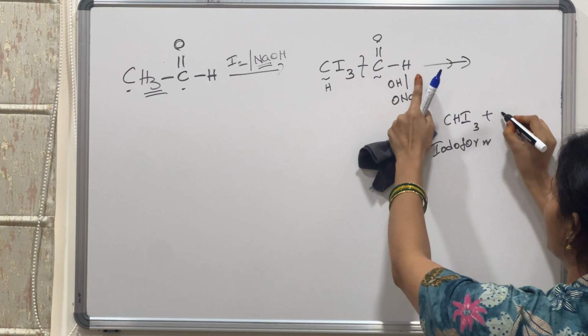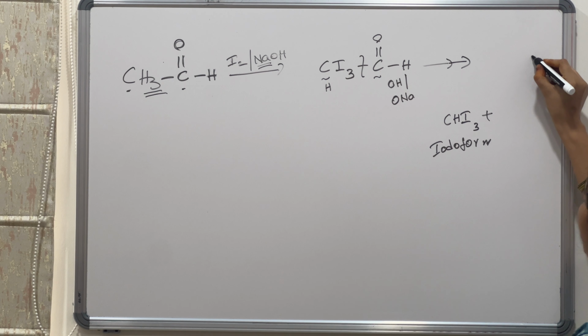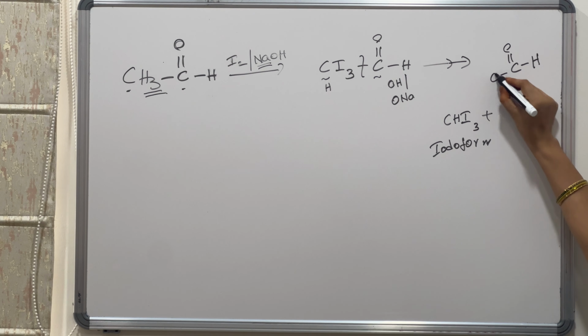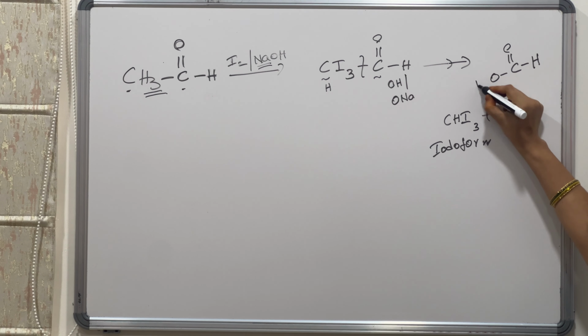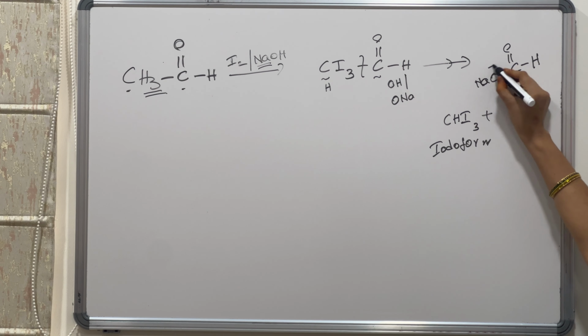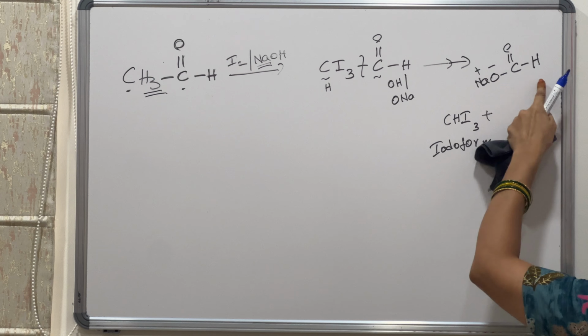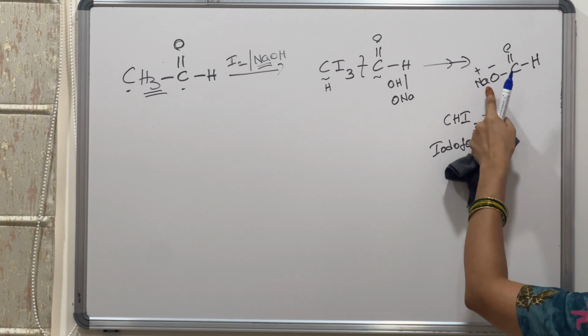Then what will it become? Here H, C double bond O, and here O minus Na plus. So it is a sodium salt of carboxylic acid, HCOONa.